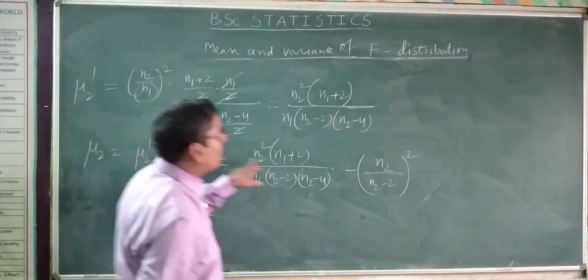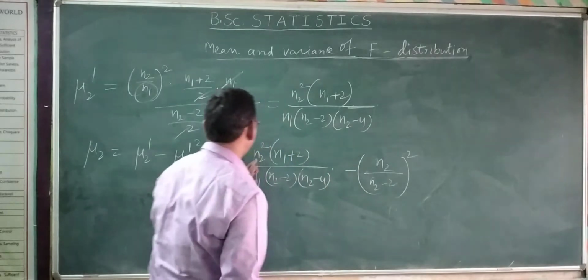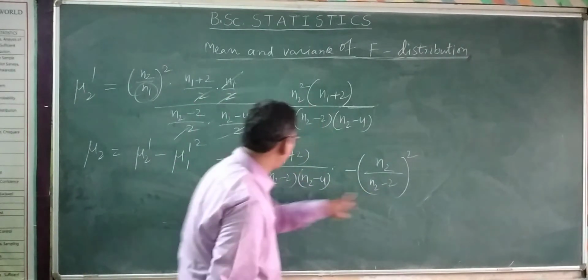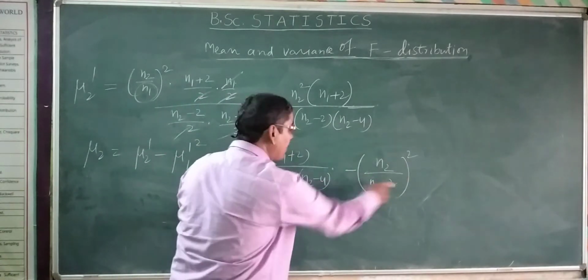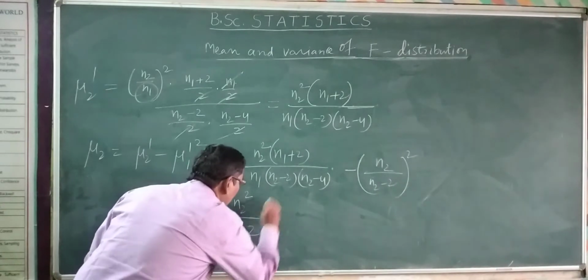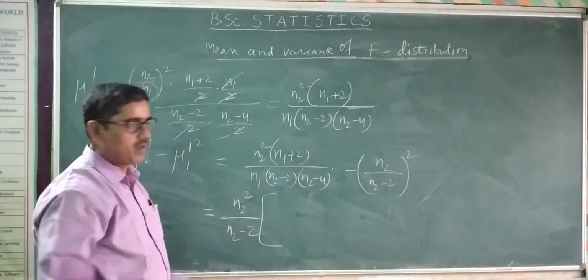Now n2 square you can take common. With n2 square taken common from both terms, divided by n2 minus 2 here and n2 minus 2 whole square here, I am taking n2 minus 2 common. Now you multiply the terms. Remind what are the terms?